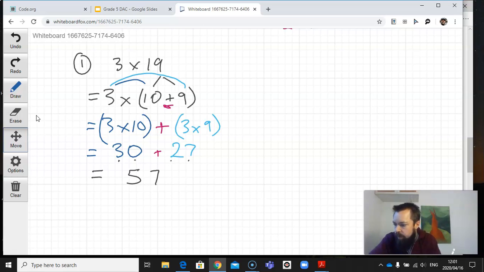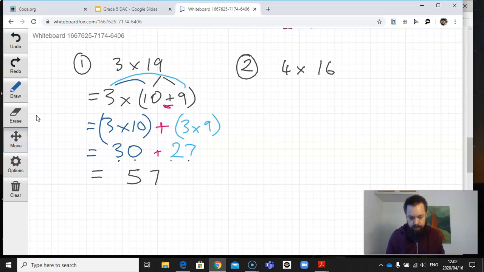Let's do a second example. I'm going to put this one down, and I'd like you to give it a go first before I start. So for this one, let's do 4 times 16. I'll give you about half a minute to get started with this one.